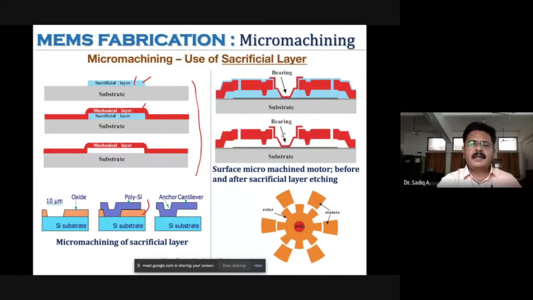There are bearings, stators, rotating elements, etc. So this is the schematic view of the motor. These are the stators. By giving electrostatic charge, it is possible to make this rotor rotate. So this is the construction of a micro motor. It's possible to fabricate using the sacrificial layer method.